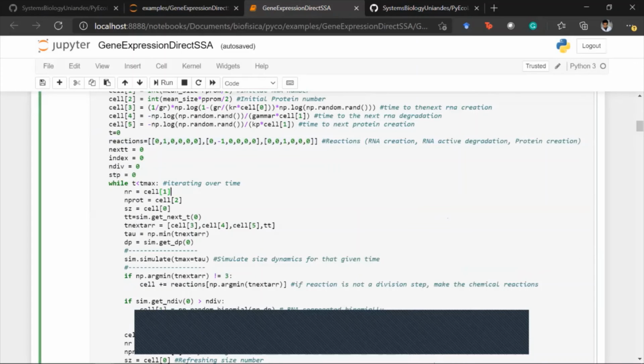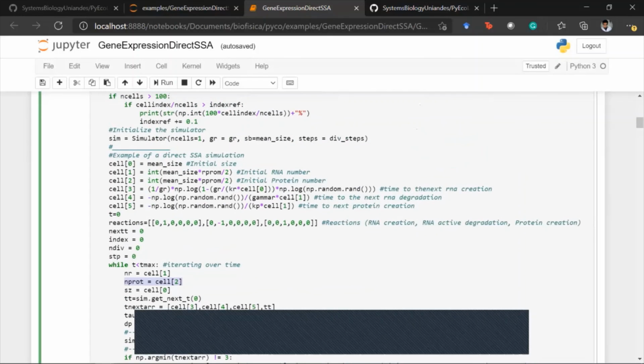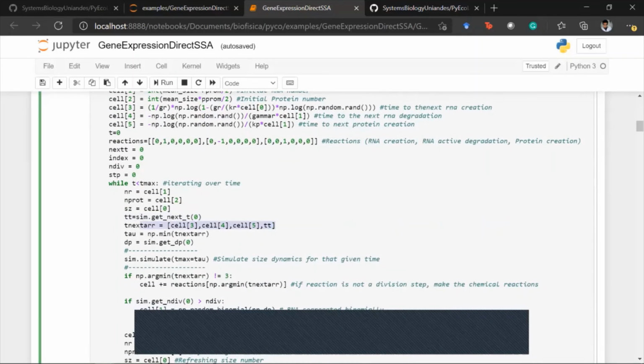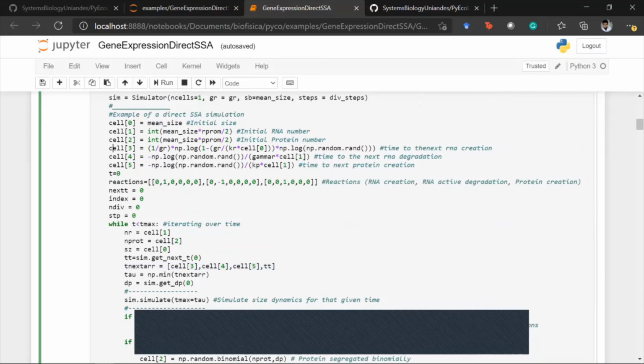We have the number of RNAs, the number of proteins from time 0 to T max, the size, then the time to the next division step, and we put all the times of the reactions: the RNA creation, the RNA degradation, and the protein creation.